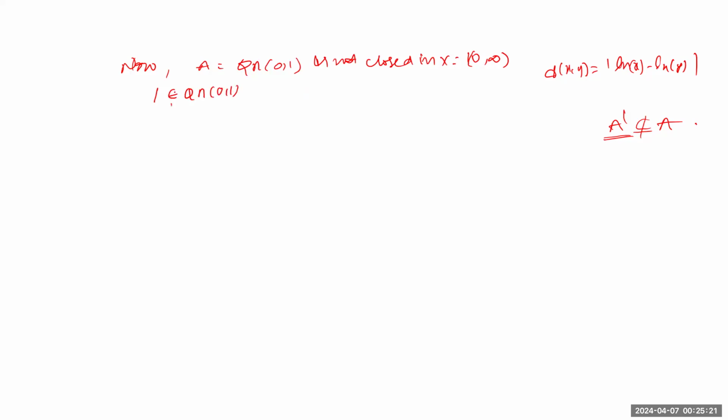Of course, 1 is not a member of this set, but 1 is a limit point of this set A. What is this mechanism? We'll see.